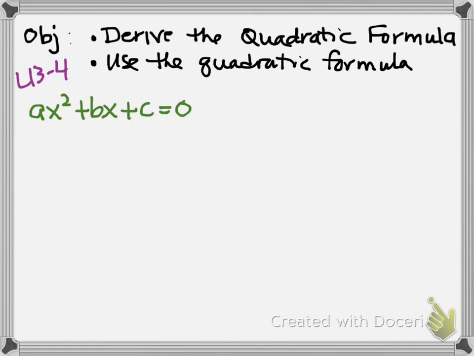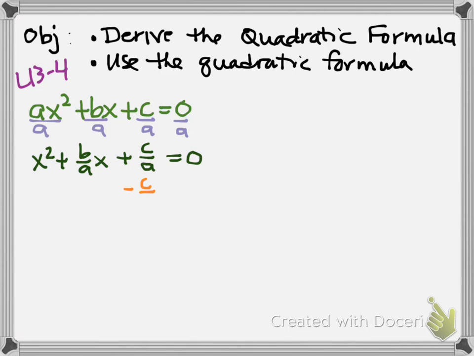That gives you x squared plus b over a x plus c over a equals 0. We want to get the constant alone, so we're going to do opposite operations to get it alone.